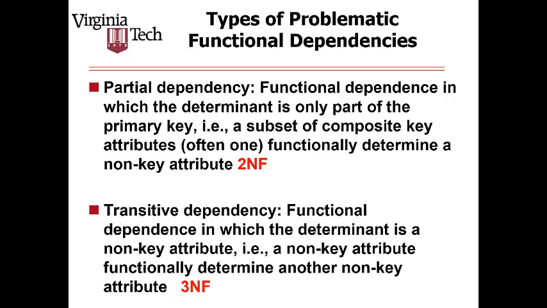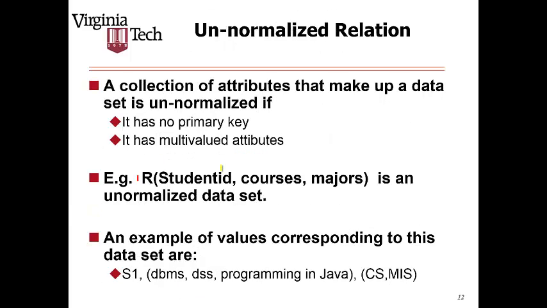Well, an unnormalized relation, and we shouldn't have any of these coming out of our process of ER modeling, means it has no primary key, and it has multi-valued attributes. Well, we've learned before that the relational model doesn't allow multi-valued attributes.